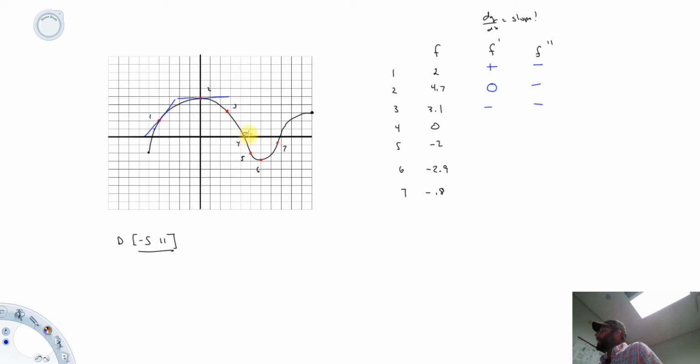Okay, point 4, that's this one. Function value 0. If I draw a tangent line, again, it has negative slope. I'll go ahead and draw it and leave it in there. Oops, first one was better. Yeah, good enough. So this is a negative first derivative.